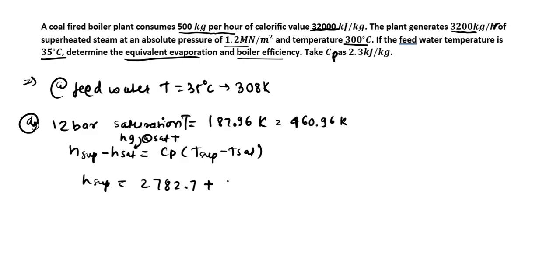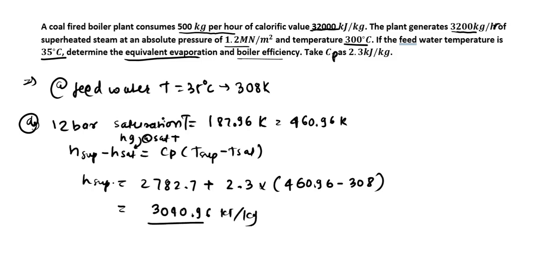And you have plus Cp as 2.3, as given in the question, and T superheated as 460.96 minus T saturated as 308. If you calculate this, you will get the value of 3040.96 kilojoule per kg. This is your h superheated.